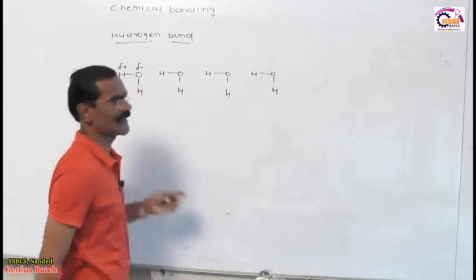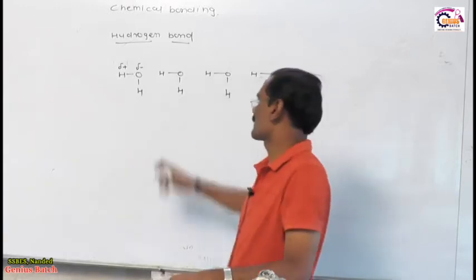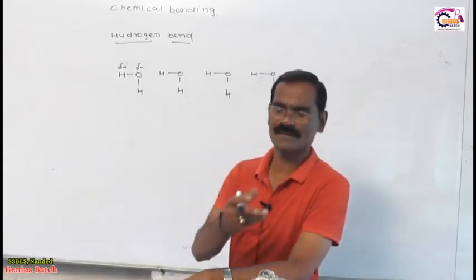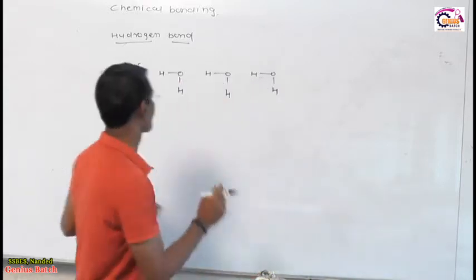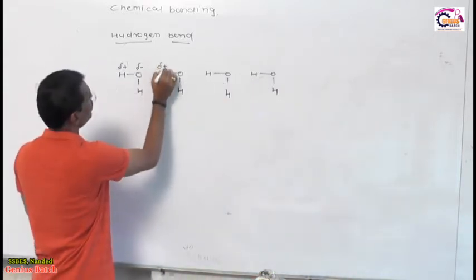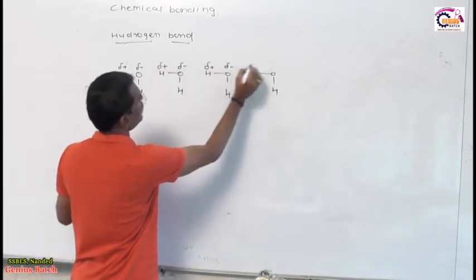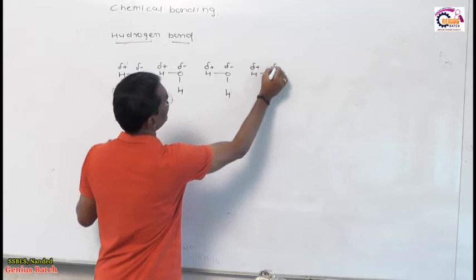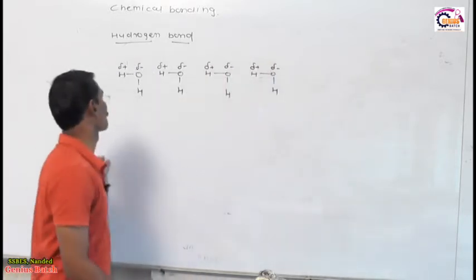This is called polarity in a covalent bond, and this is the dipole moment, because water doesn't have zero dipole moment, obviously O minus, H plus. In this molecule also delta plus delta minus, here also delta plus delta minus. Now what happened in this case?